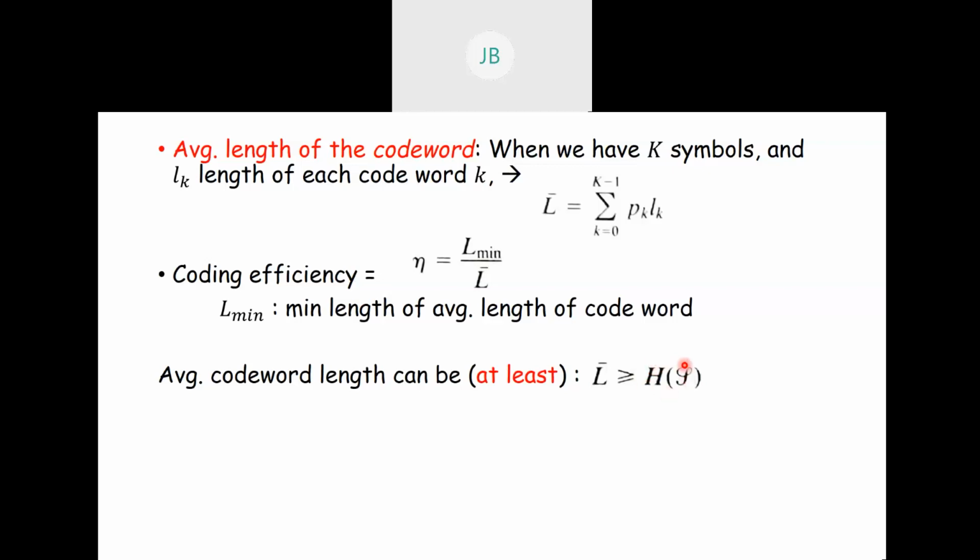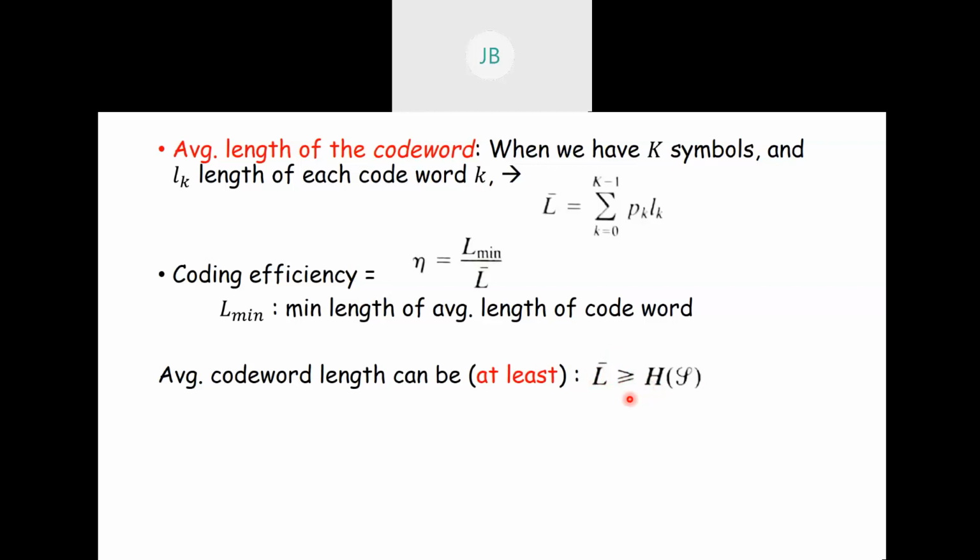So H represents the entropy, and L bar represents the average code word length. The average code word length can be as small as the entropy. It says greater than or equal to, not less than the entropy. So it can go up to the value of entropy, but not less than that.